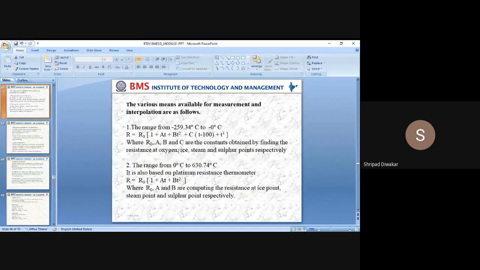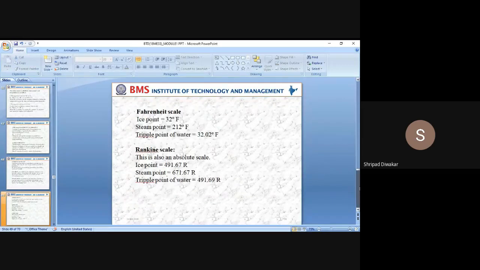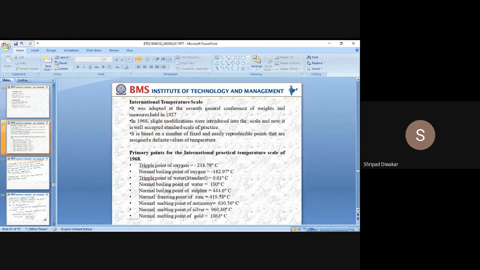Oxygen point means we take the triple point of oxygen and the boiling point of oxygen as standard fixed points, which are adopted in the International Temperature Scale. The oxygen point is used to measure temperature in the range of -259 to 0 degrees Celsius: triple point of oxygen, normal boiling point of oxygen.